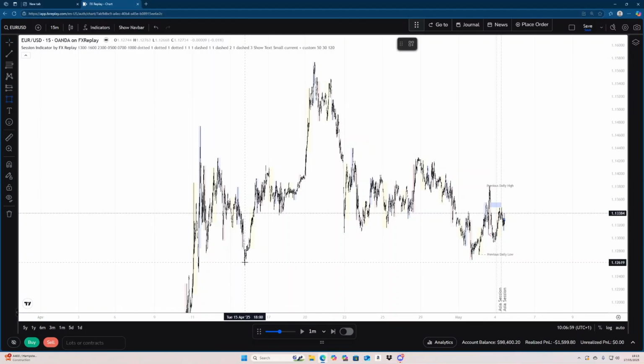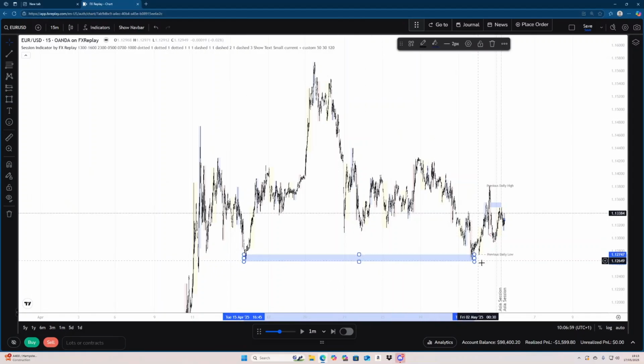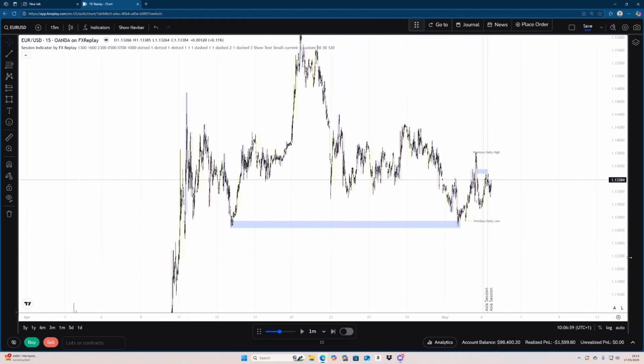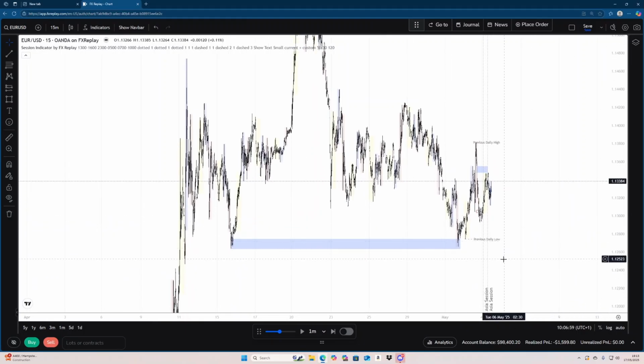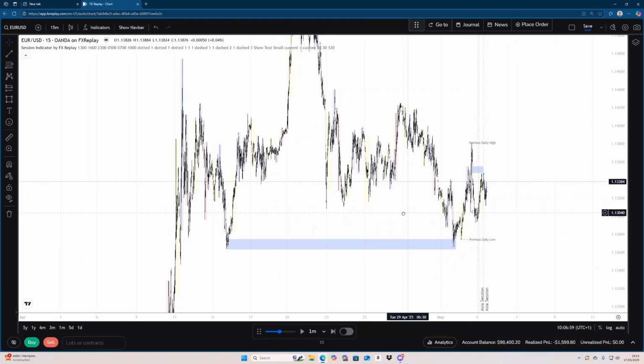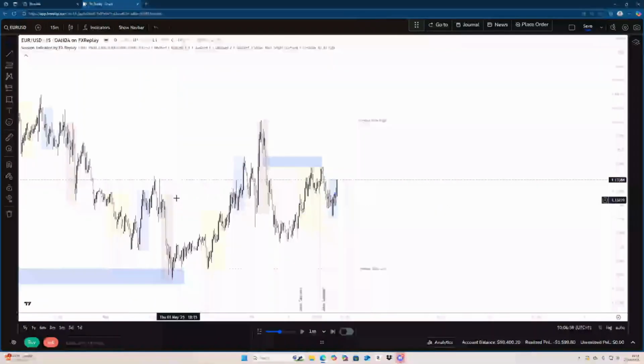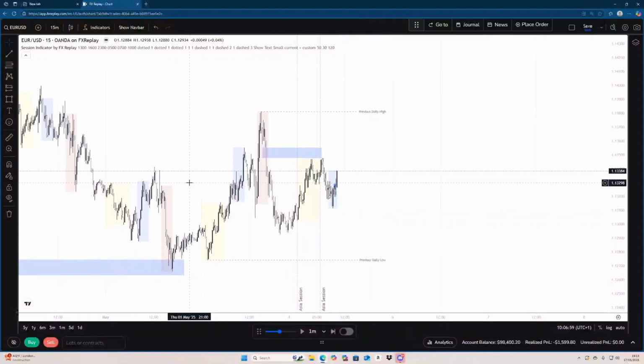Exactly, so like the major inducement. And then you see, the day before when you took the loss, buyers were in control yesterday. So when these build up, inducement, break of structure. Exactly.